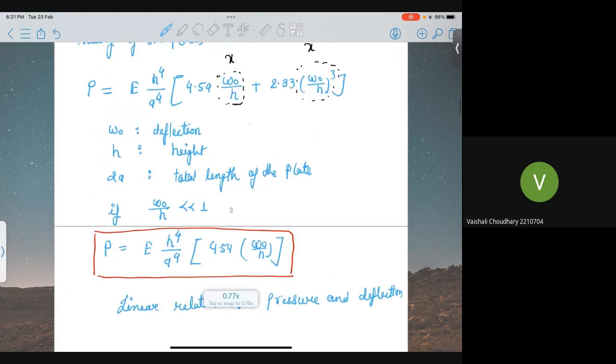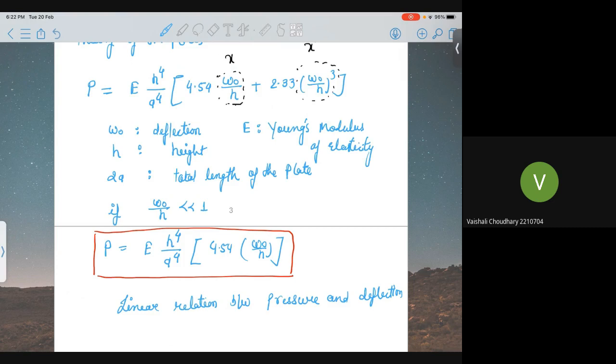Also here E is Young's modulus of elasticity. Okay, this is how you can rewrite this equation in terms of a linear equation.